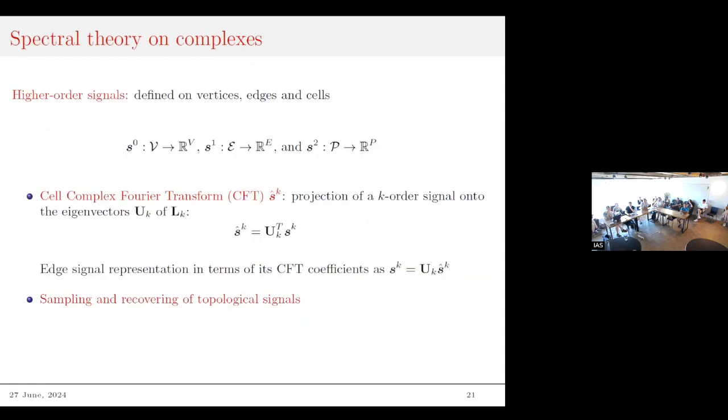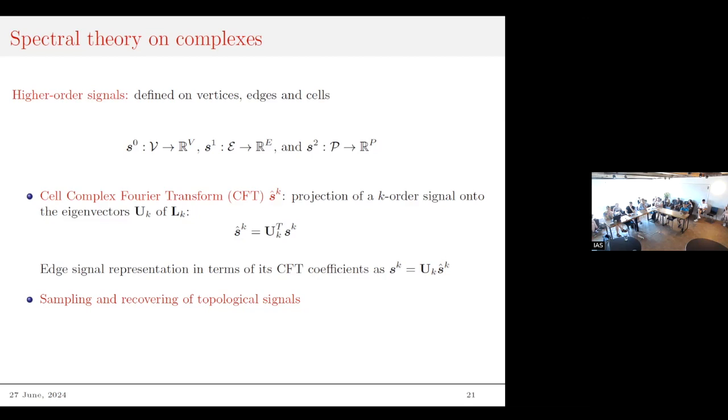Well, we defined a simplicial complex, so we have defined the algebraic representation. We can define signals of higher order on this space. We can define node signal, edge signal, and second order signal for a second order complex, of course. We stop at the second order complex.